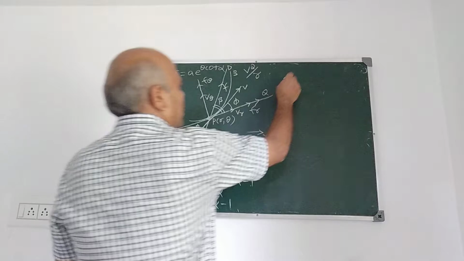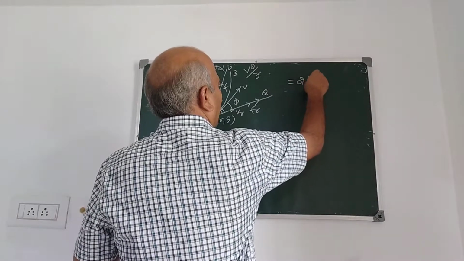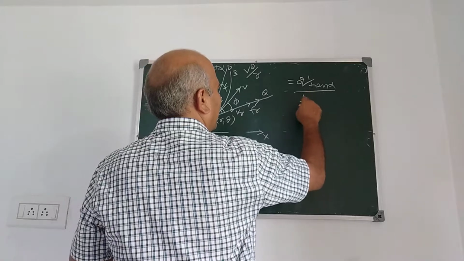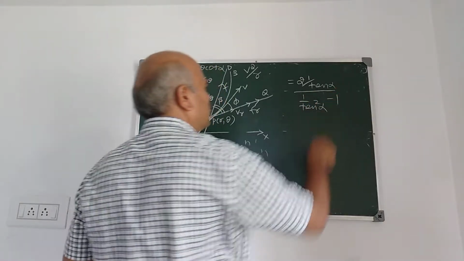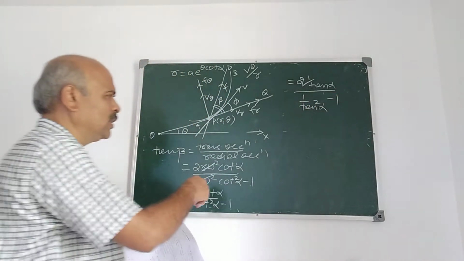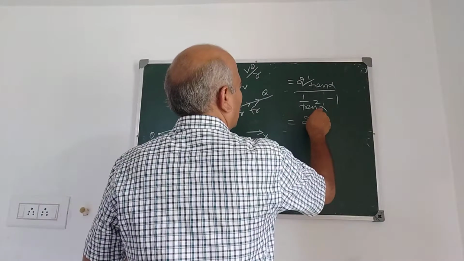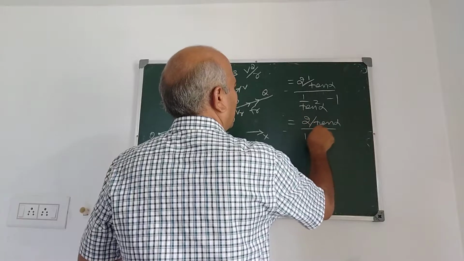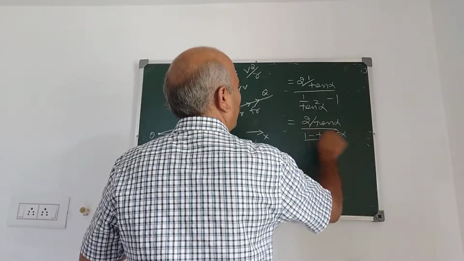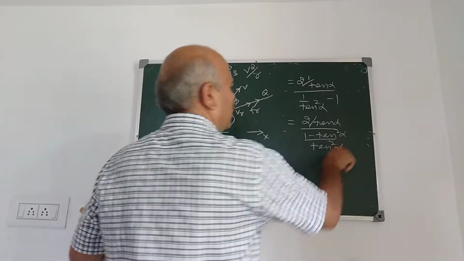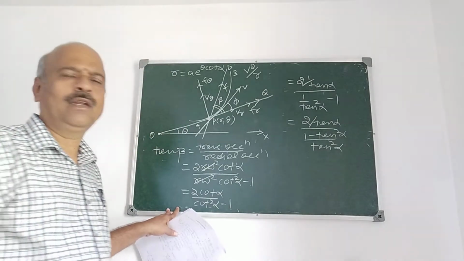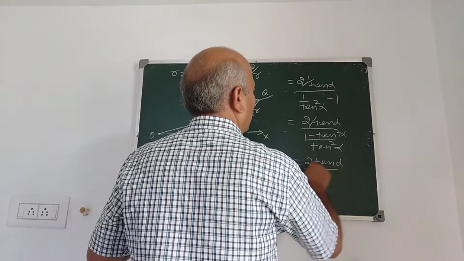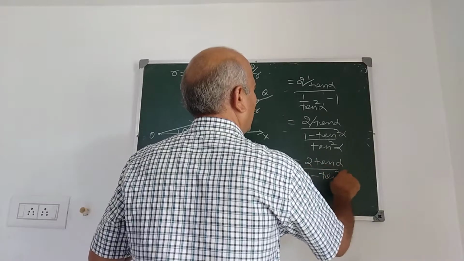Simplify this. It is 2 upon tan alpha divided by 1 by tan square alpha minus 1. The next thing is only simplification here. 2 upon tan alpha divided by (1 minus tan square alpha) upon tan square alpha. Therefore it is 2 tan alpha upon 1 minus tan square alpha.